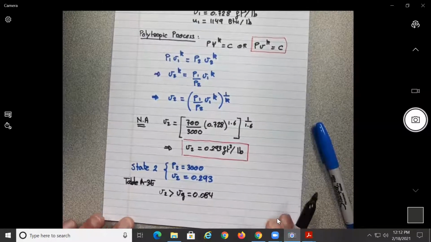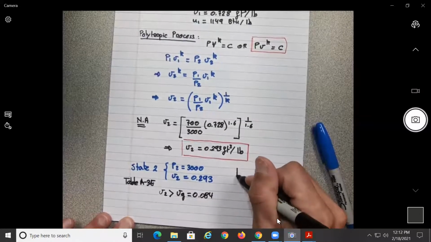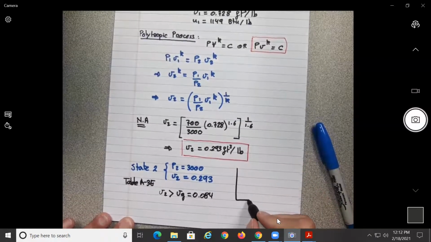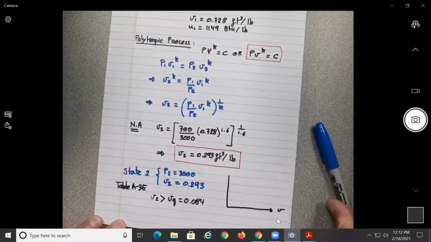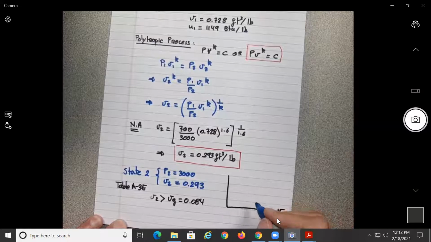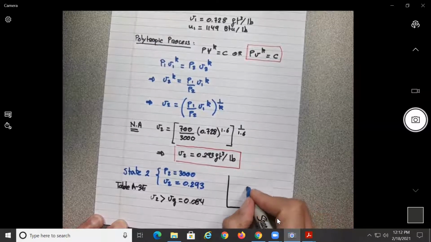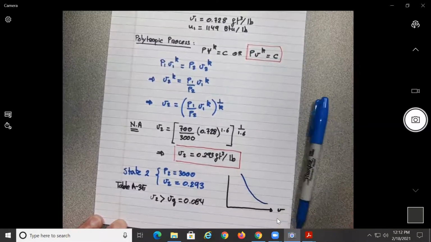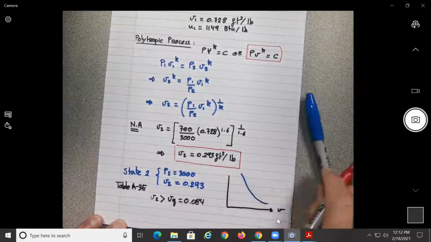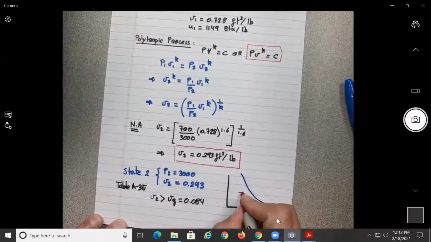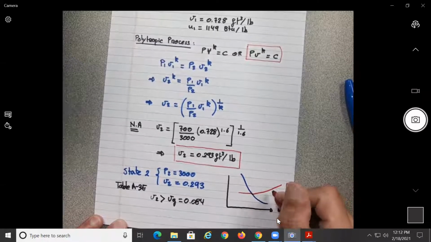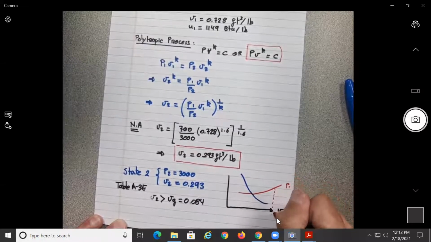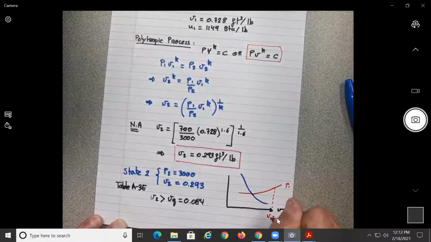So what does that mean about the state? Let me redo a small figure here. So this is V. I'm not going to redo the whole figure, just half of it. All right, so let's say we have here P1, and we know that initially V1 was equal to 0.728.